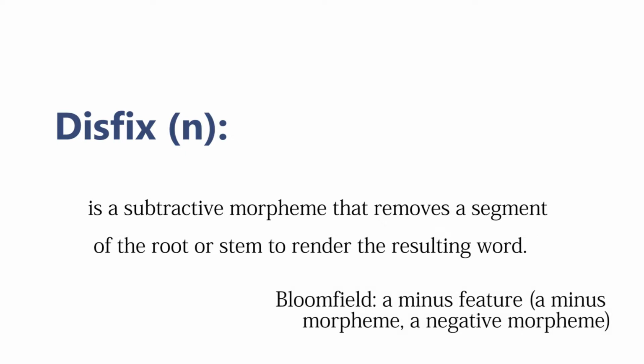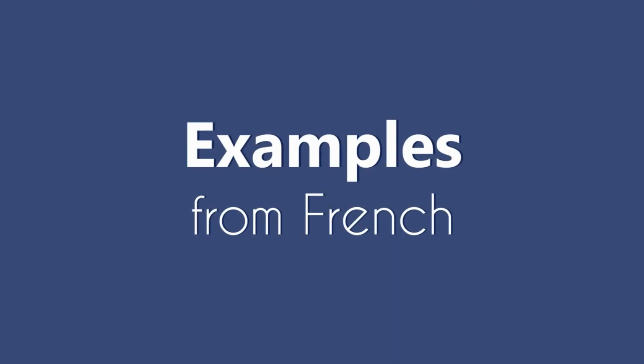Bloomfield, a famous linguist, described the process of disfixation, which he called minus features, through an example from French. Blanc, blanche. Okay? So let me put it here like this. Blanc, masculine. Blanche, feminine. So in the regular spelling, the feminine has something in addition to the masculine, right?